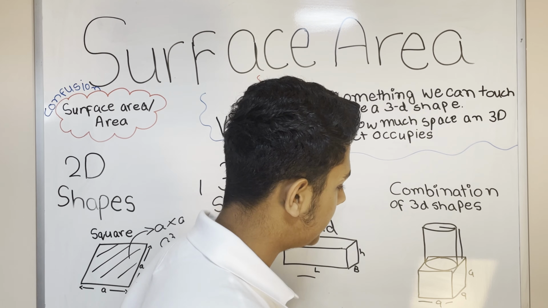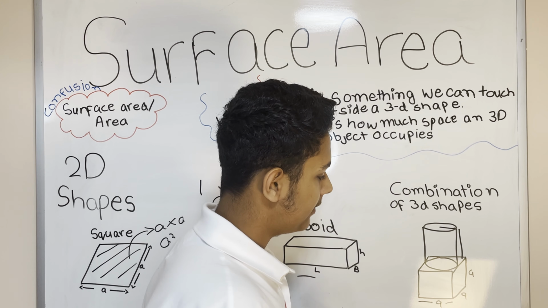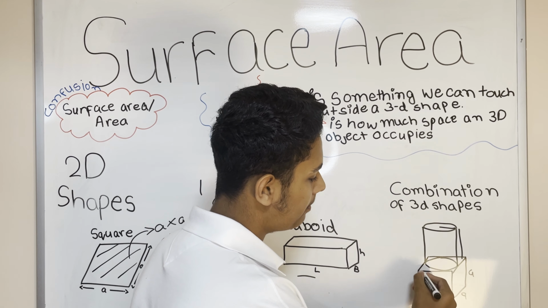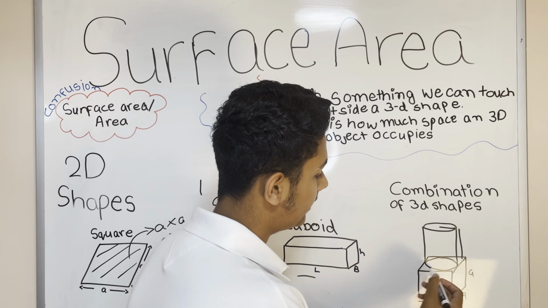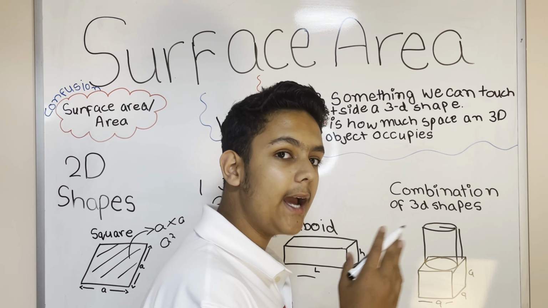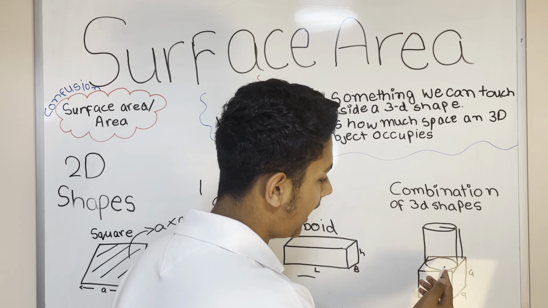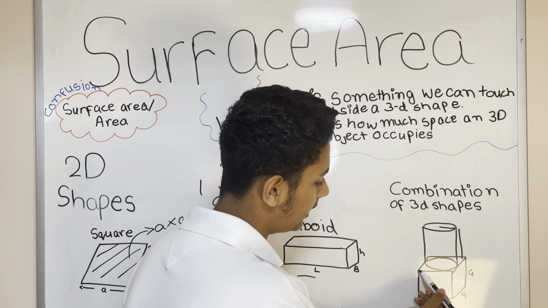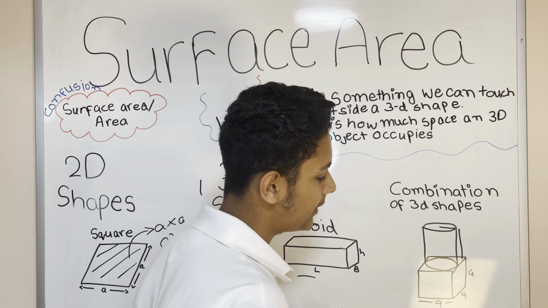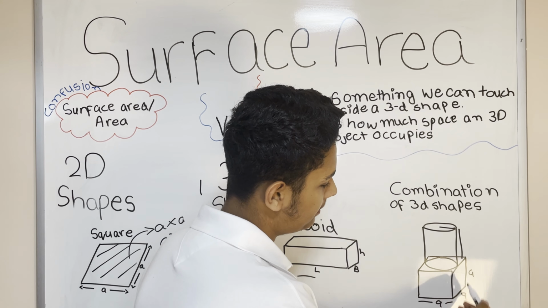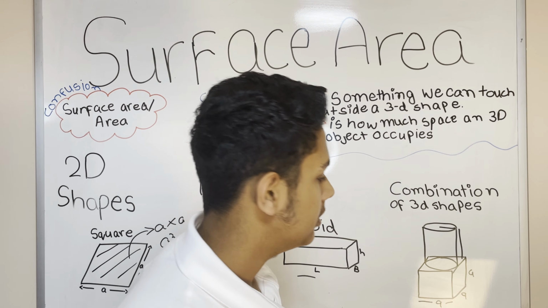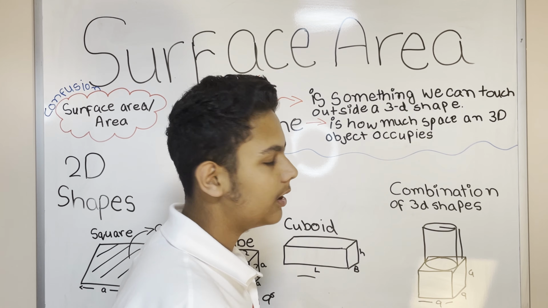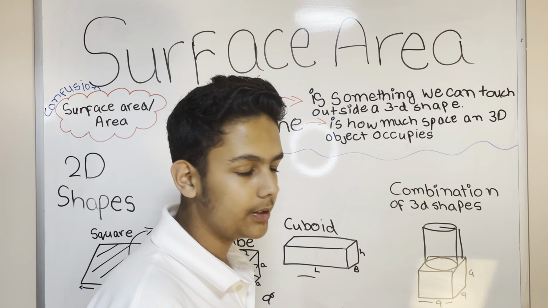It's pretty complicated. So since the top of the cube is a square and this circle is pi r squared, we subtract it and we get all the sides, and then the rest we just keep the same and simple. So this is how we find the surface area of a combination of shapes.